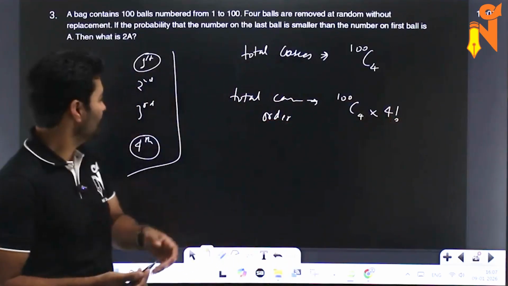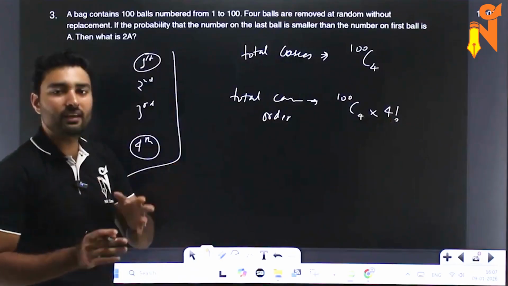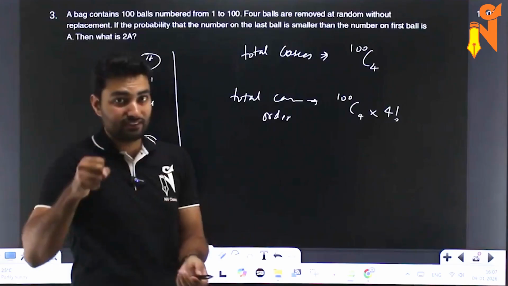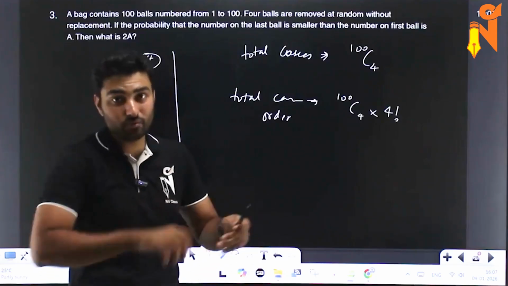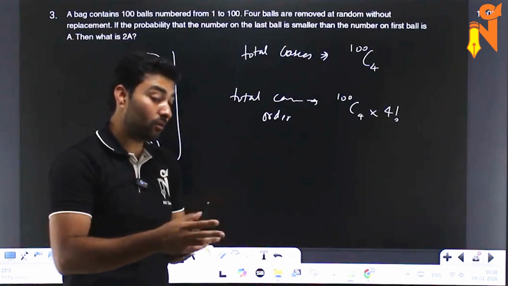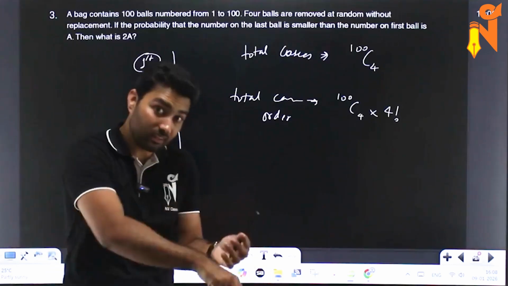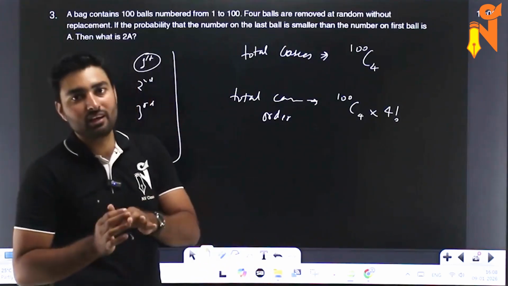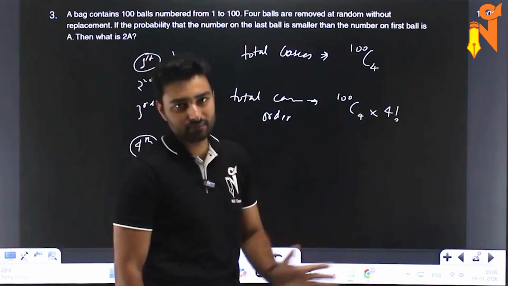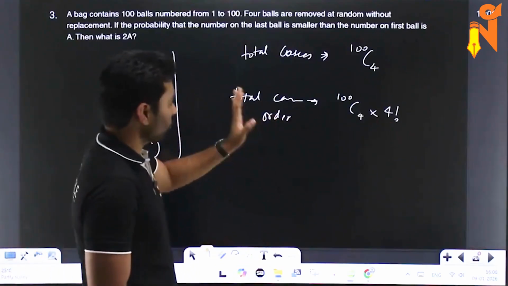Let's say I will take a simple example, take 1 2 3 4. You are picking first ball first, then third, then second, then fourth. It's a different way, let's say you're picking second, then third, then two, then one, like this. So order is important. It's like arranging. Okay, so arrangement, clear? Now this is total cases.